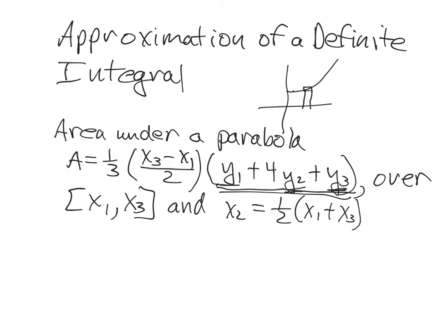Yeah, question. Because of 4 rectangles? Well, this is the area under a parabola, so it's just the way it turns out to be. Now, I'm not going to prove this to you, but it does work.